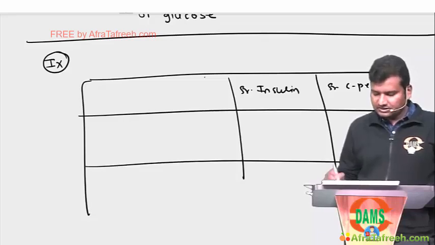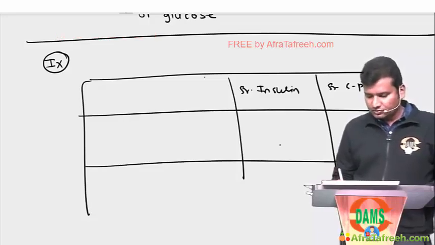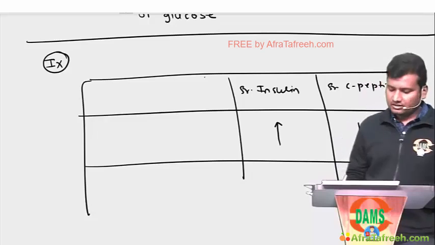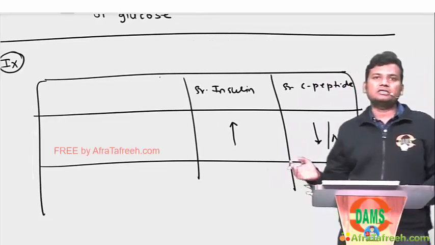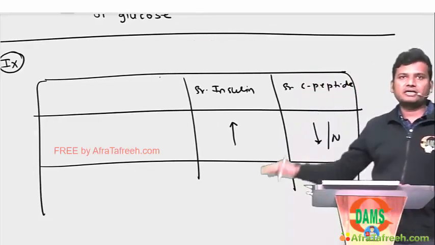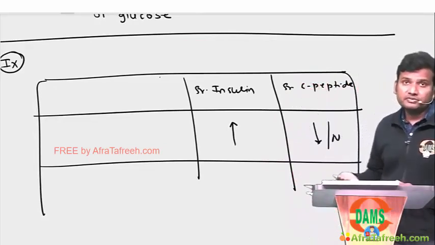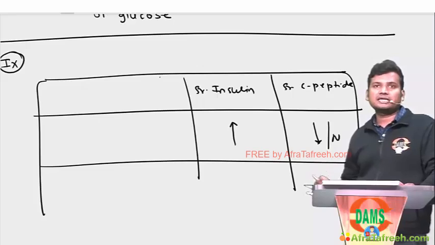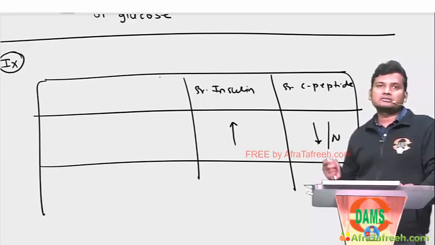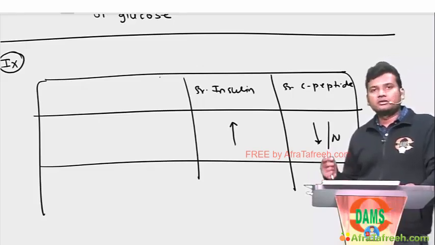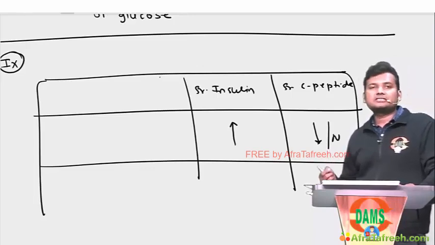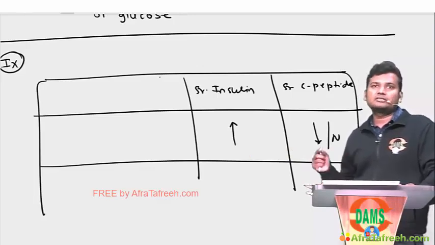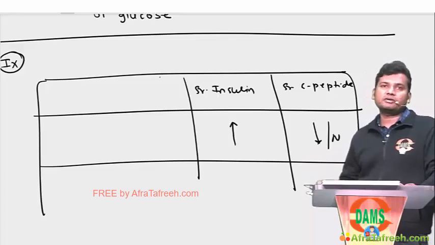In this patient, if serum insulin is increased but C-peptide is decreased, then this insulin is not secreted or synthesized in our body. It is not endogenous insulin, because whenever insulin is secreted by beta cells, it is always secreted with C-peptide.